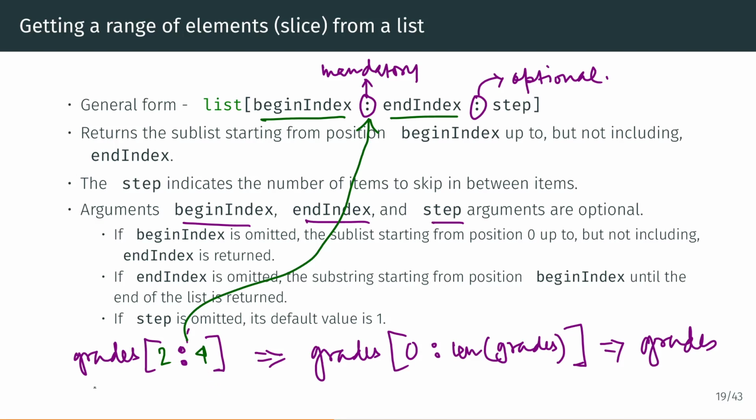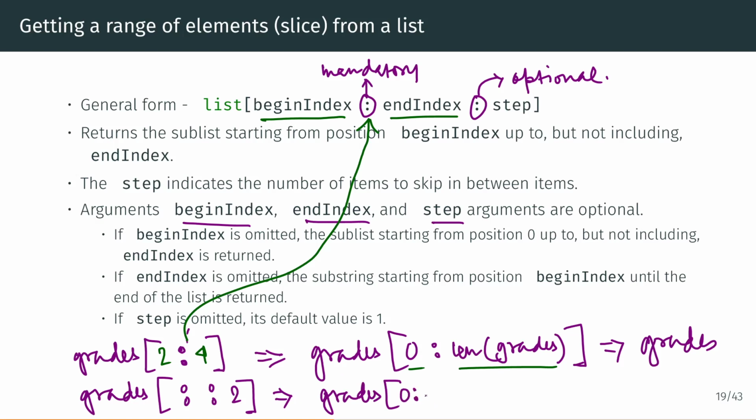Now let's say you want to get a sublist from 0 to the length of grades, but with a step size of 2. What would you do? What you would do is you'd say grades colon and then a colon and then 2, okay. This is essentially equivalent to grades 0 to length of grades and 2, okay.